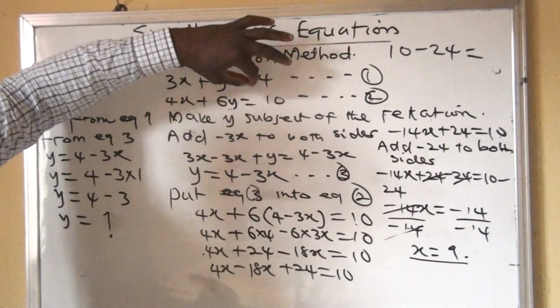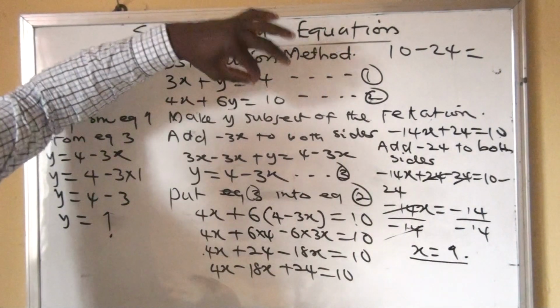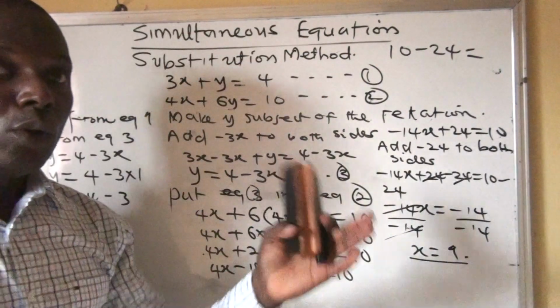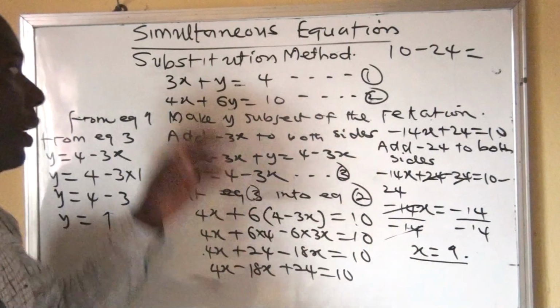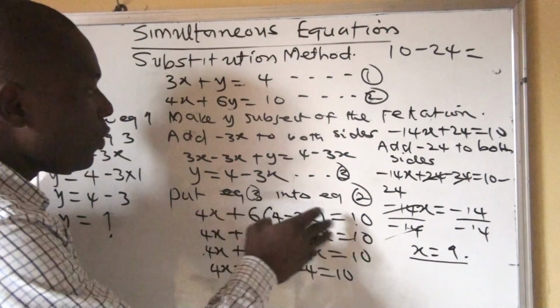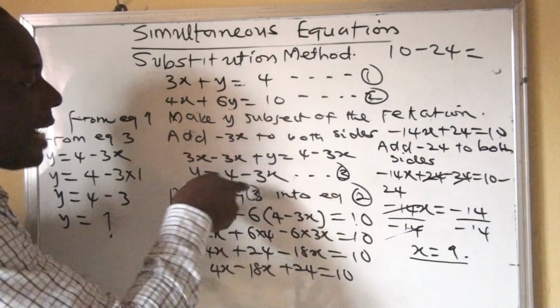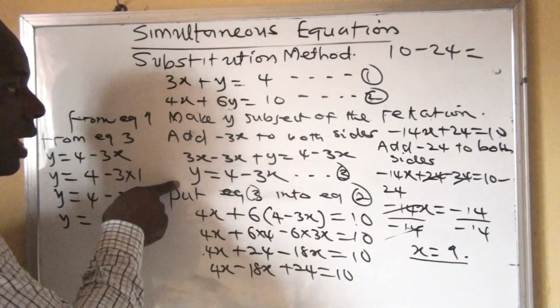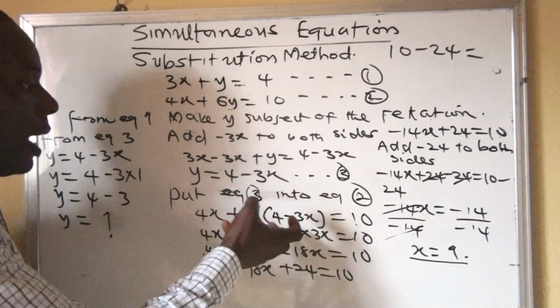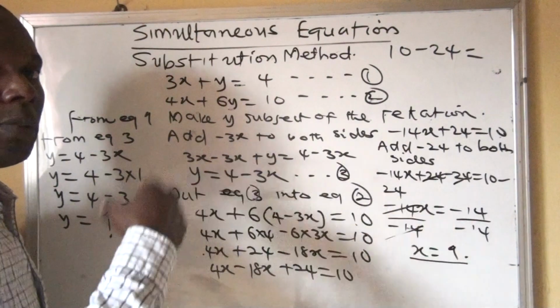All you need to do is put it in the other equation that you did not use. Then you have removed that particular unknown, and everything will become the other one that you didn't make the subject of the relation.